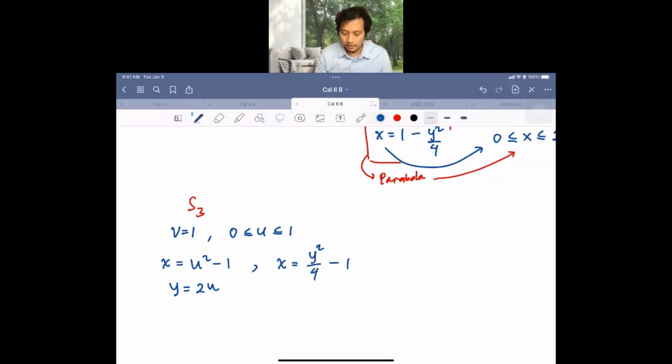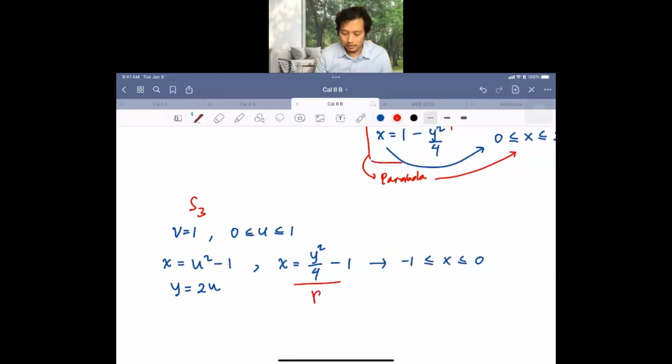Okay, now since we have this minus 1, we could see that x is going to have interval from -1 to 0 for S3, and we have another parabola with this interval.